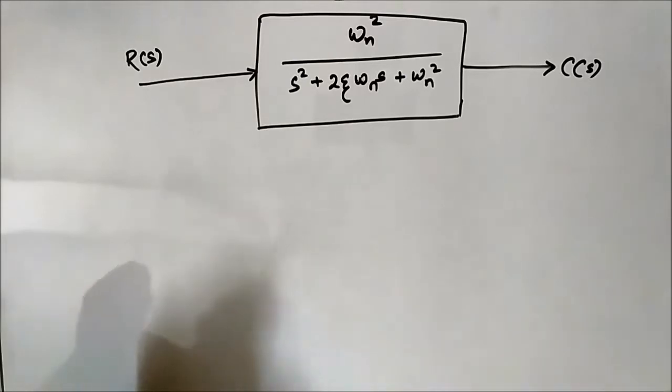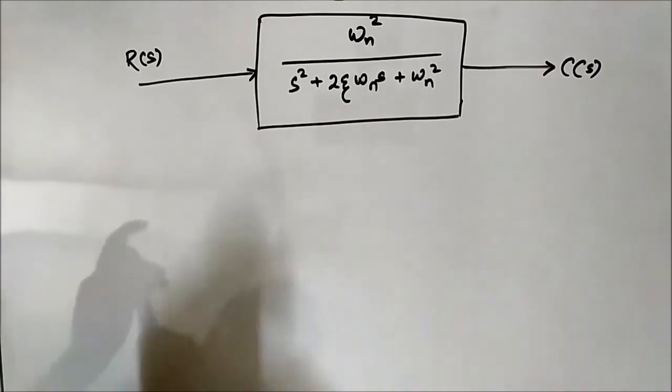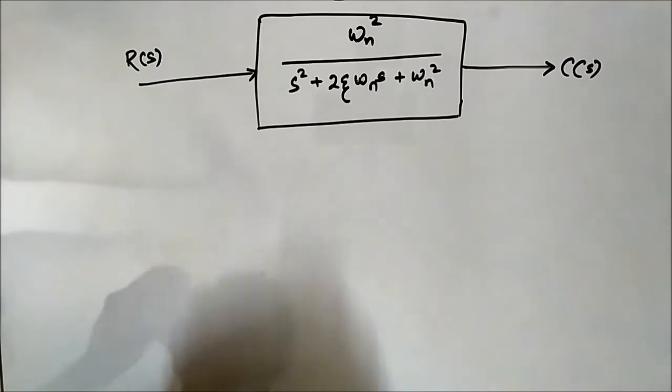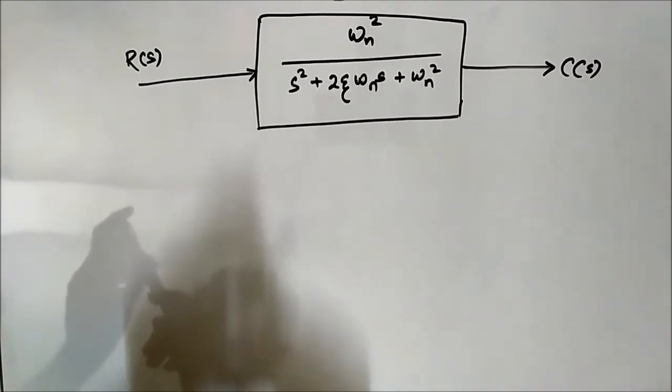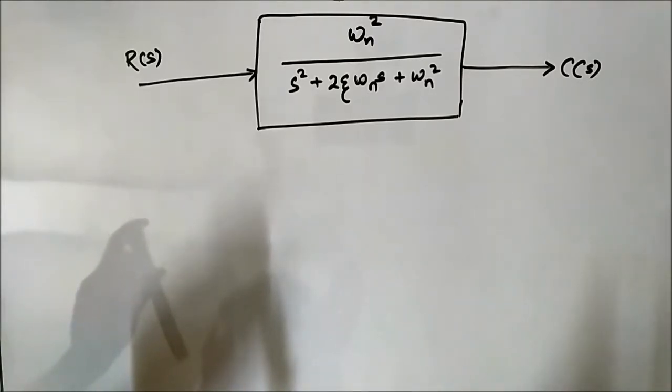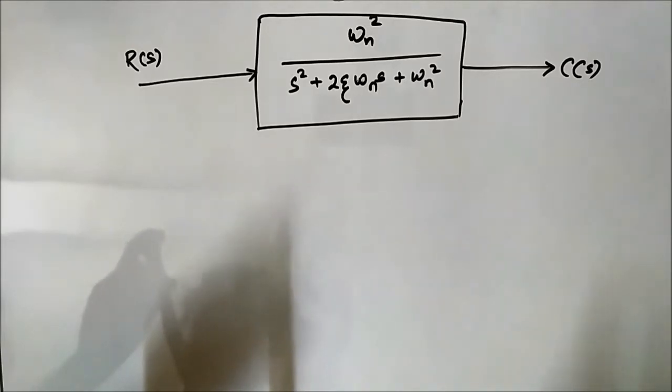That is, what is an underdamped system, what is an overdamped system, what is a critically damped system, and what is an undamped system. In this video we are going to discuss the output response of a second order system for step input for the underdamped case.